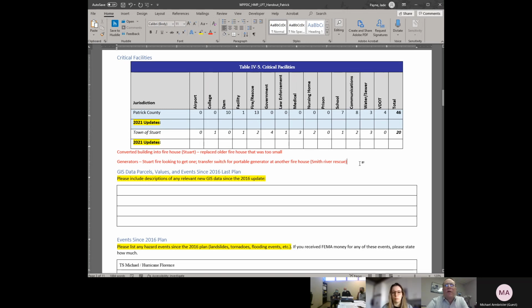Any other ones in particular that you believe should have one that just haven't been gotten to yet? Jeb Stewart Rescue Squad, I'm not sure where their status is right now. That would be another place that we have a shelter at.